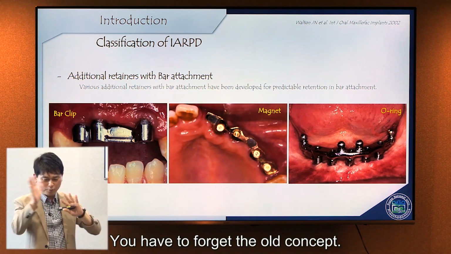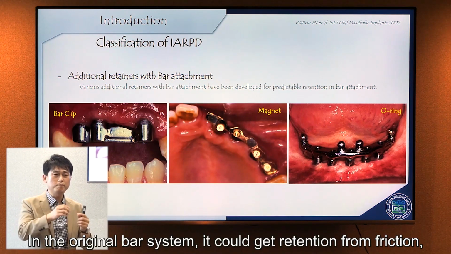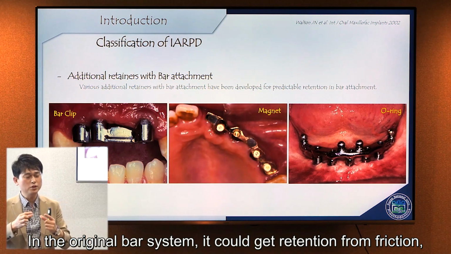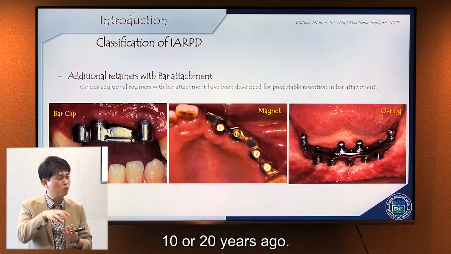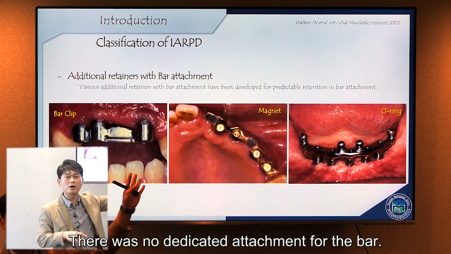You have to forget the old concept. Originally, the bar could get retention from friction 10 or 20 years ago. You know, there was no dedicated attachment for the bar.